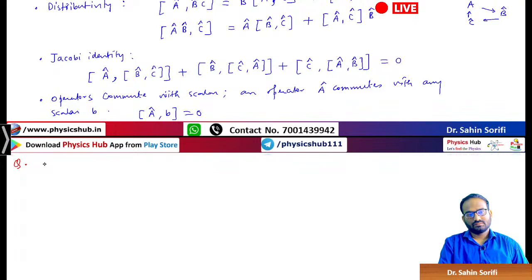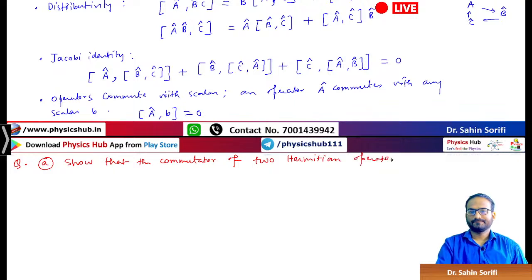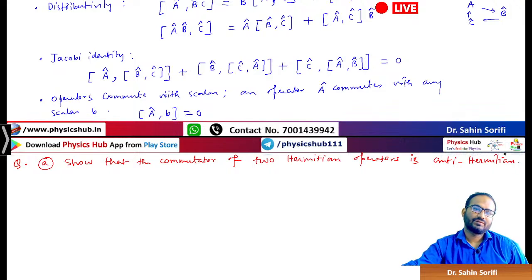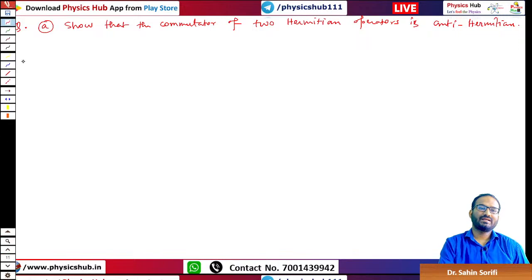The first one: show that the commutator of two Hermitian operators is anti-Hermitian.